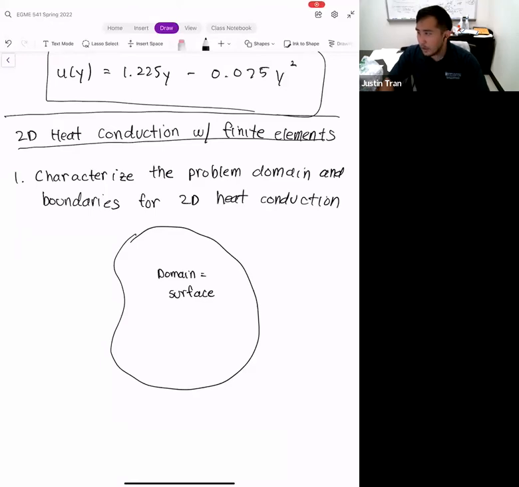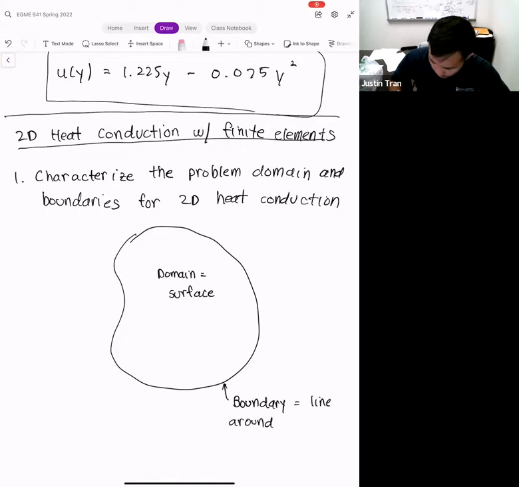And then our boundary around our domain is, of course, going to be a line. So typically, the domain is always going to have the same dimension as your space.